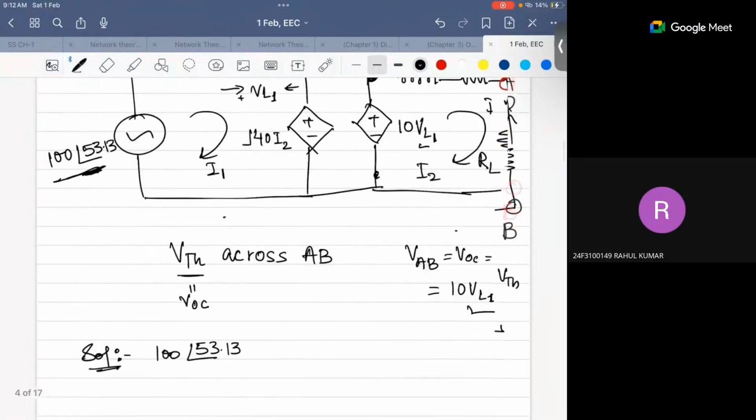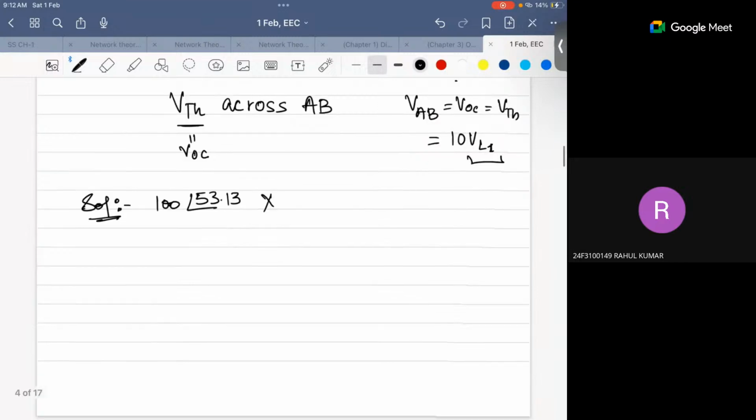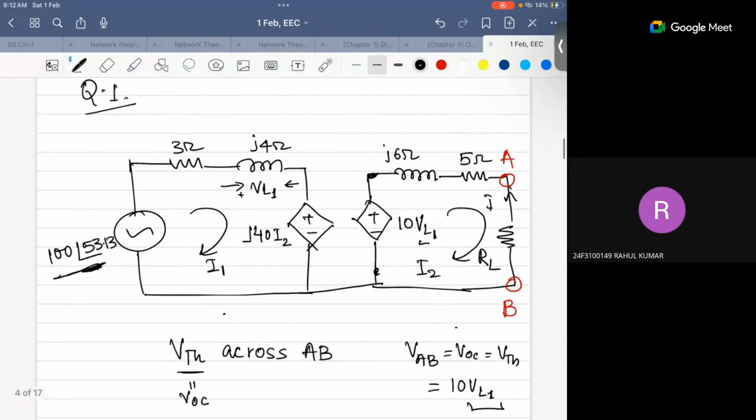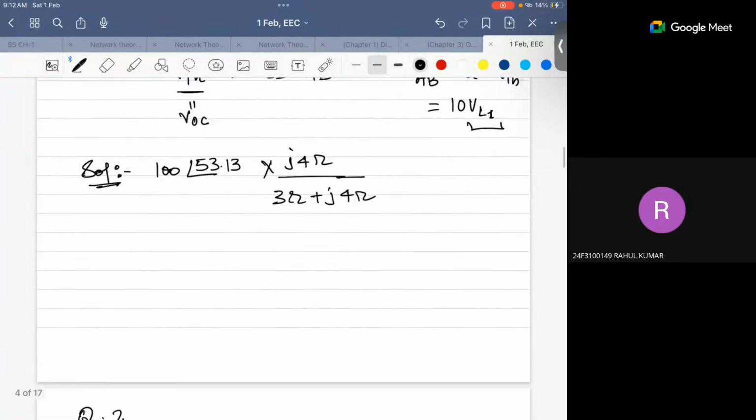Now you have to calculate the voltage across this, so how do you do it? J times 4 ohm upon 3 ohm plus J times 4 ohm. This will be the voltage across this inductor.